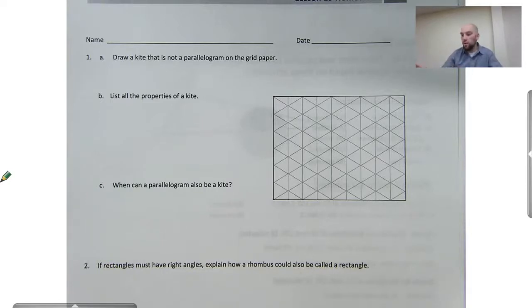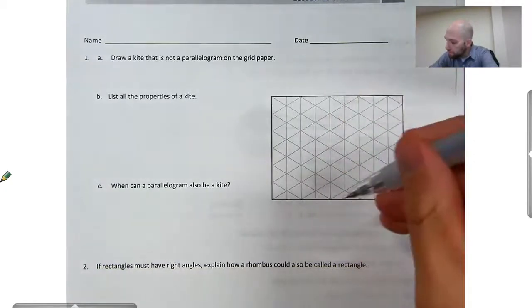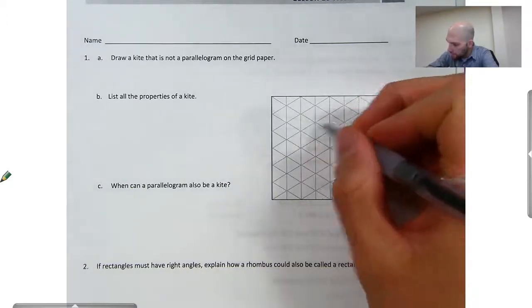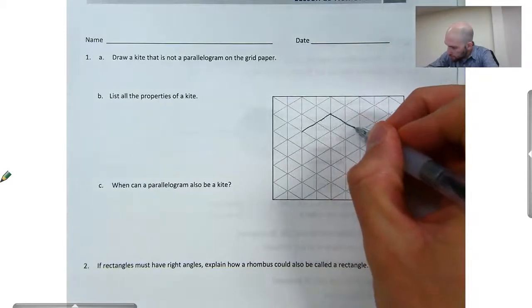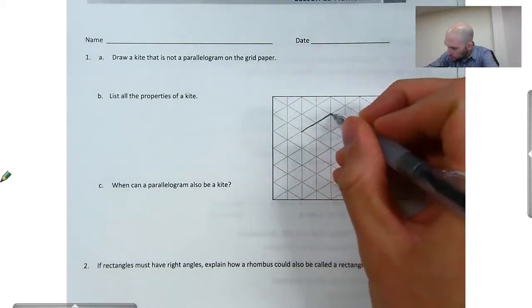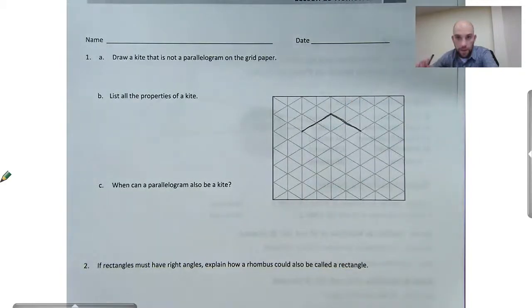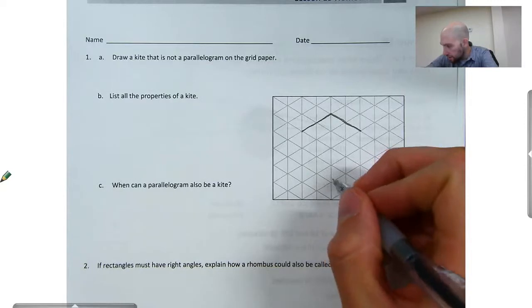So if we were going to draw one here that is not a parallelogram, we're not going to be able to really follow the grid paper here, but we can use it for the top. So these 2 sides are both 2 units. And then we're going to meet at a point in the middle down here, and it's going to look just like a kite that you would fly.